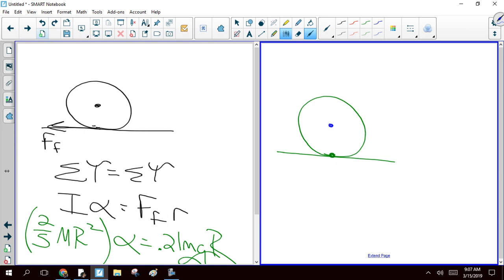My force of gravity is directed down through the point of contact. Your lever arm goes from the point of contact to the center, so the angle between them is either 0 or 180. Technically it's 180, but the sine of 180 is 0. Does that make sense? Everybody good with that? Cool. I apologize if I glossed over that.